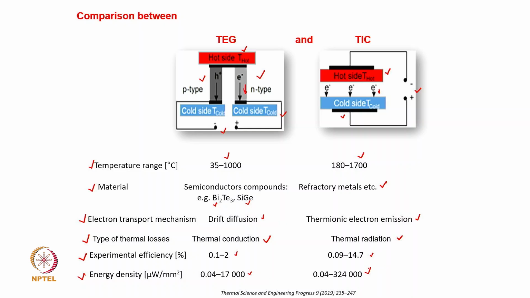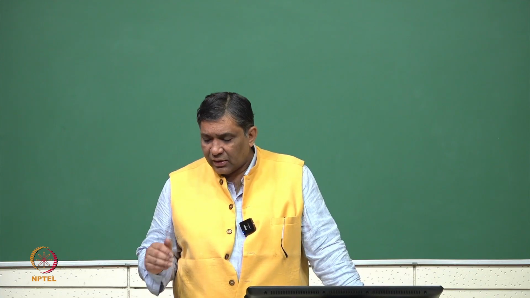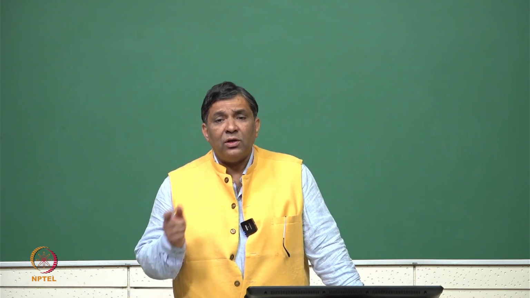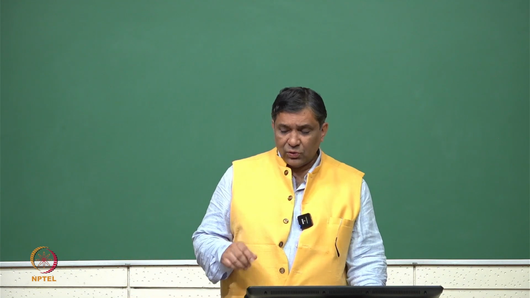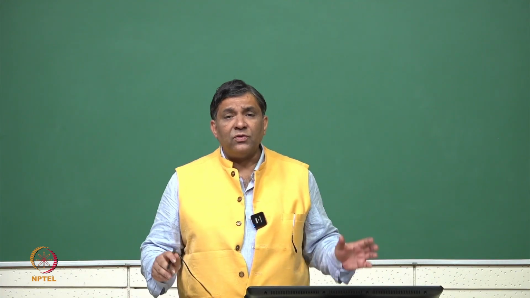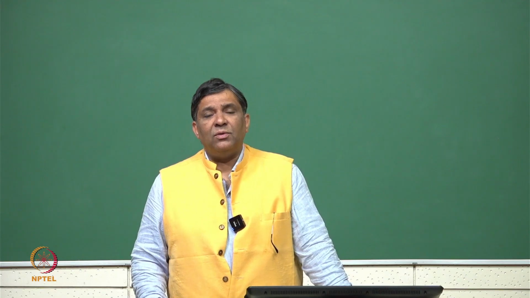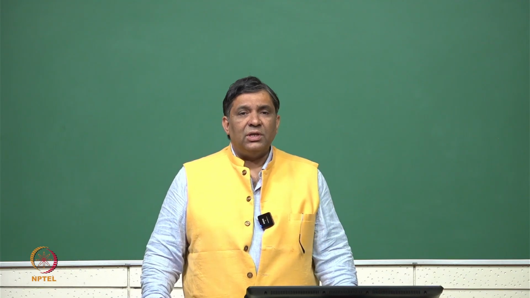So, these are the differences between TEG and TIC. So, it seems that TIC has a lot of promise, and that is the reason why people have again looked into this TIC, and I told you in the last class what is the motivation of starting research again on TIC material and the generator itself.